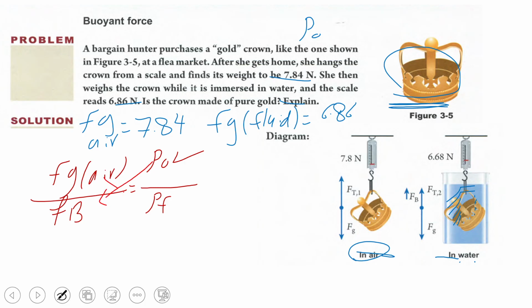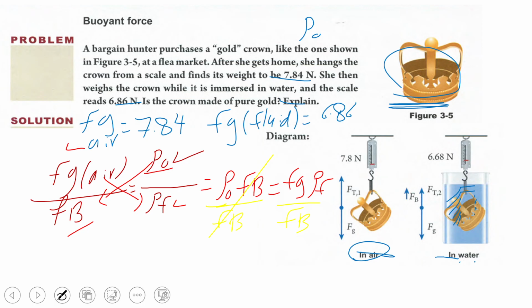Multiply both together: density of the object times Fb equals Fg in air times rho F. We want to find the density of the object, so divide both sides by Fb.